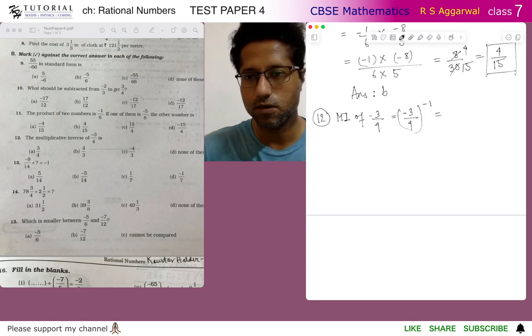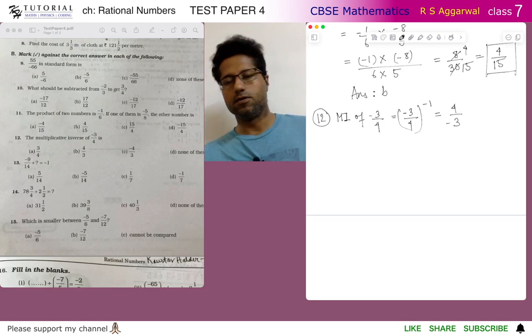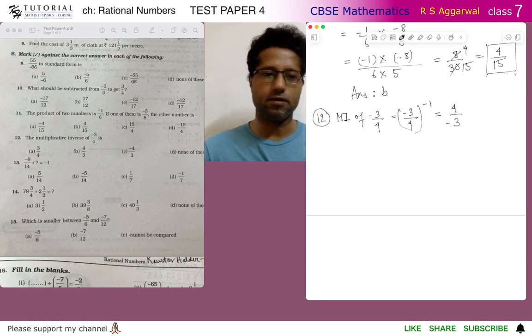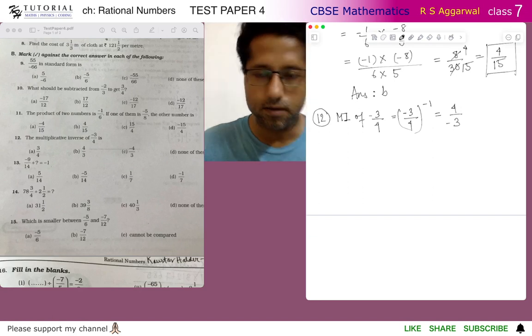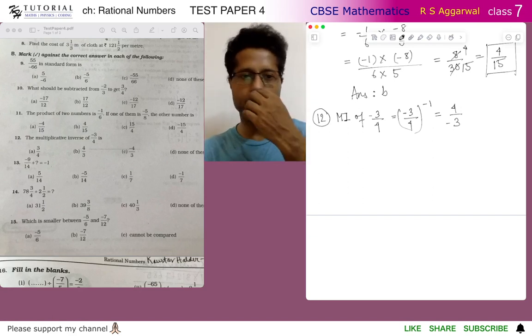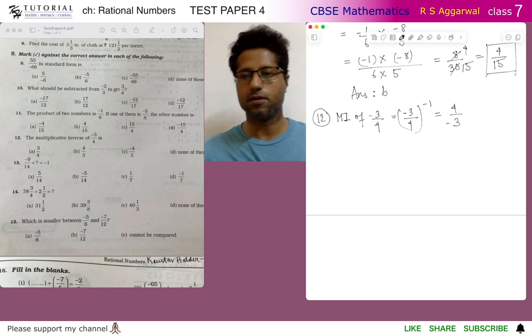So this becomes 4 by minus 3, and in rational numbers we usually do not keep negative in the denominator, we make it positive. We make it positive by multiplying with minus 1 both the numerator and the denominator.